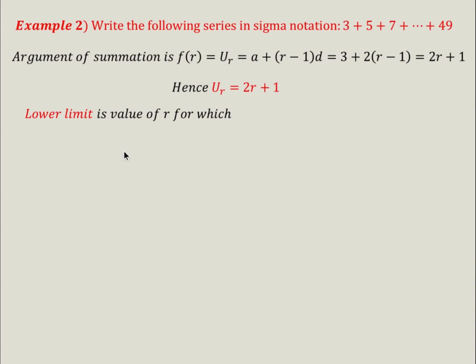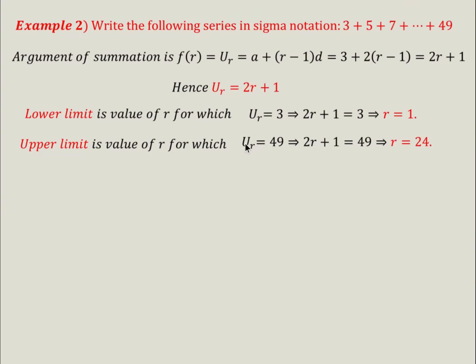Then we need to find the lower limit of our sigma notation, which is actually obtained by equating the summand to the first term. So ur equals 3, the first term. We'll then have that 2r plus 1 equals 3, giving r as 1. So the lower limit of our summation will be 1. Then we'll also need to find the upper limit, which will be obtained by equating the summand to the last term, which is 49.